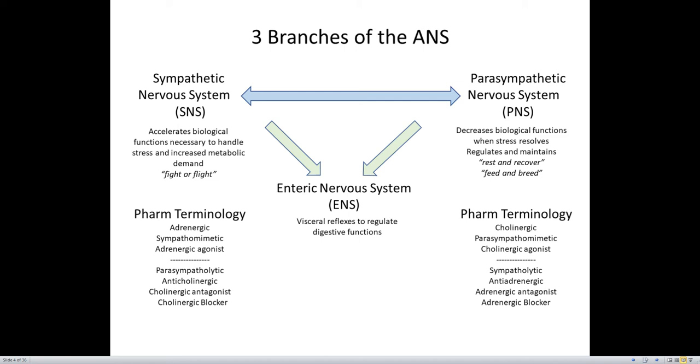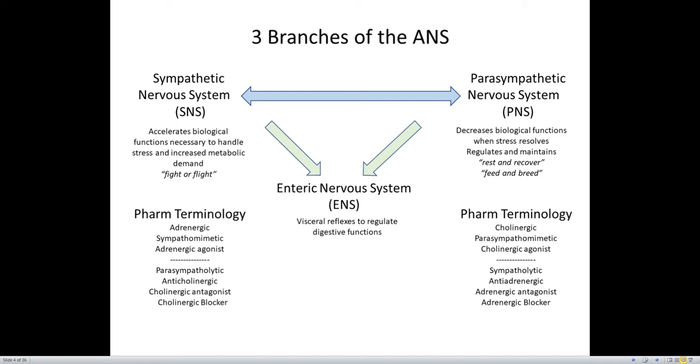So for example, if we give atropine, which is a parasympatholytic or an anticholinergic or a cholinergic antagonist or a cholinergic blocker, all these terms mean the same thing, this is going to cause an increase in heart rate by inhibiting the parasympathetic nervous system from slowing down heart rate. So in this situation, we get the expected sympathetic response by blocking the parasympathetic response.